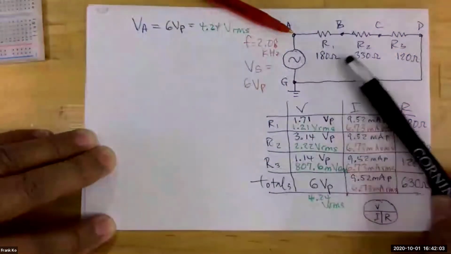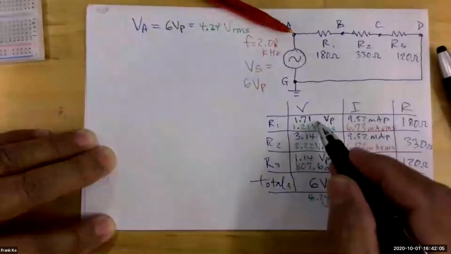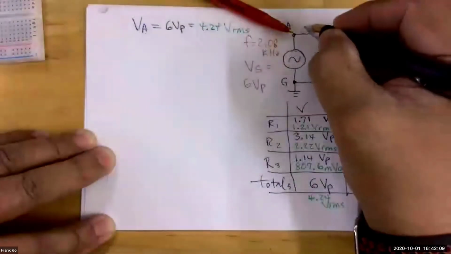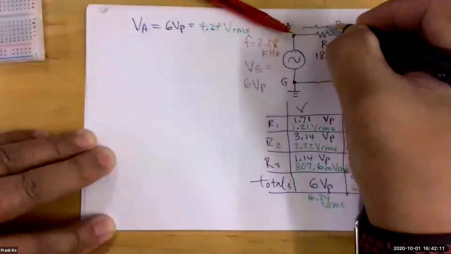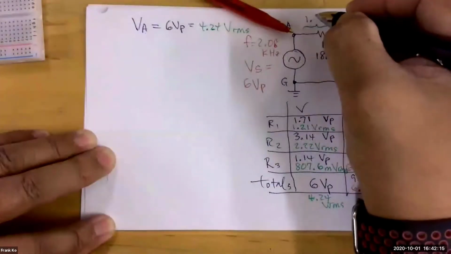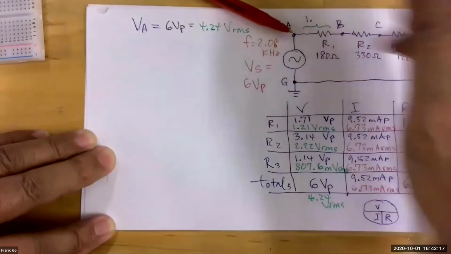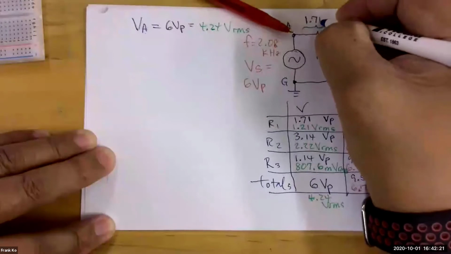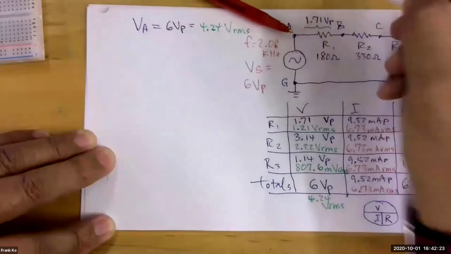Now, let's go ahead and write the rest of these values onto our schematic. Across this particular guy, from here to here, we calculated 1.71 volts peak.